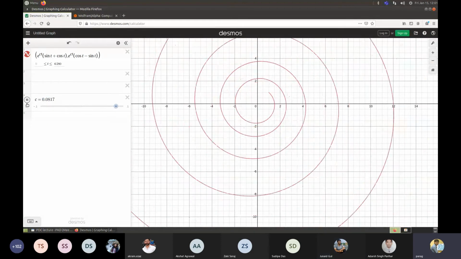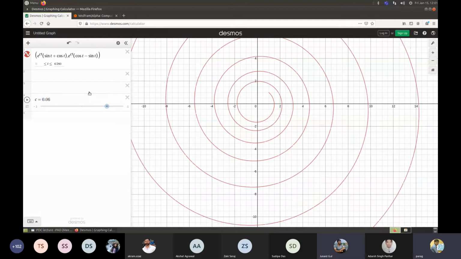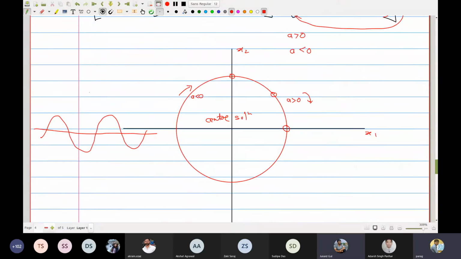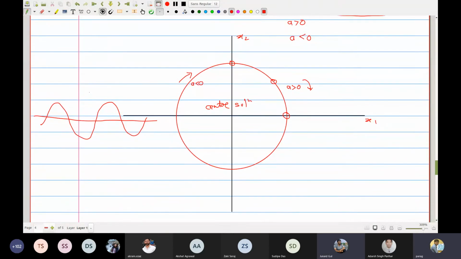So let me draw this, and then you can put A, B, C, all these conditions, which will just change your magnitudes. They are not going to affect the solution. So now what is going to happen? Let me draw here itself. When A is less than 0, you start from here, but e to the power At is augmenting your solution.